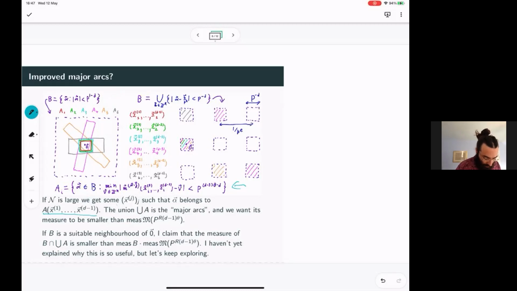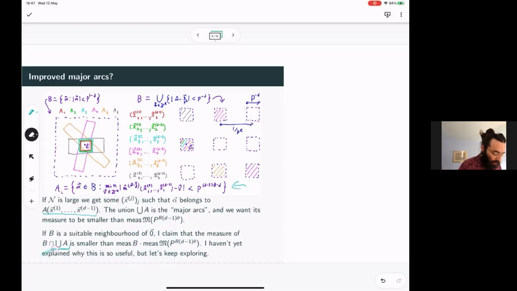And the claim is that if we only restrict to some suitably nice solutions xj, where nice means that we can prove the bad solutions are rare, then it should be possible to get the measure of the major arcs small. That's the idea here.